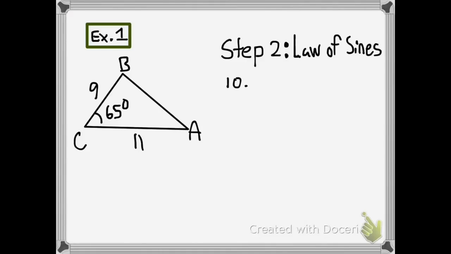Using the answer we got in step 1, we will do 10.88 over sine 65, due to the angle we have in angle C. And then we will set that equal to 9 over sine A. Next, we will now plug in and simplify it.